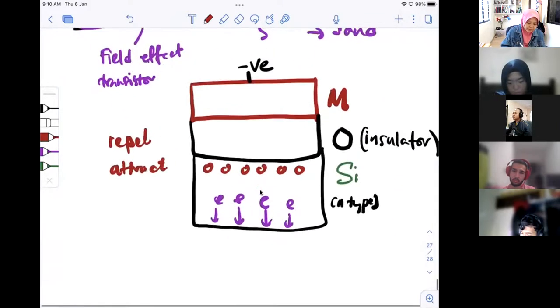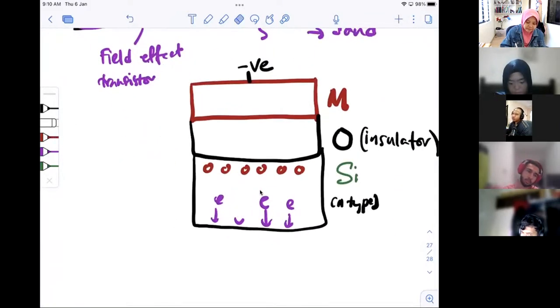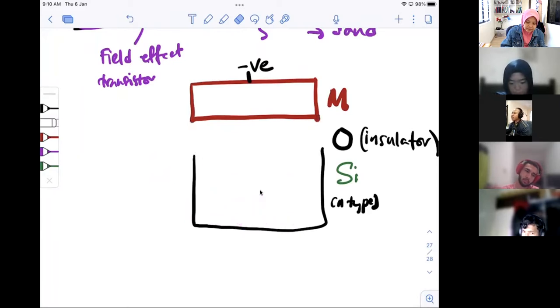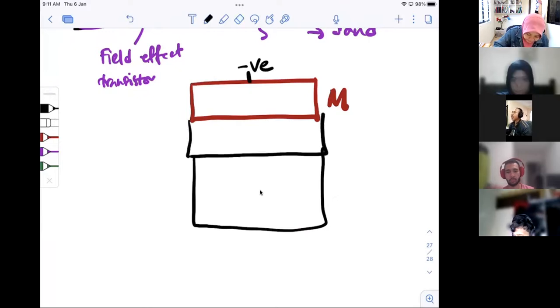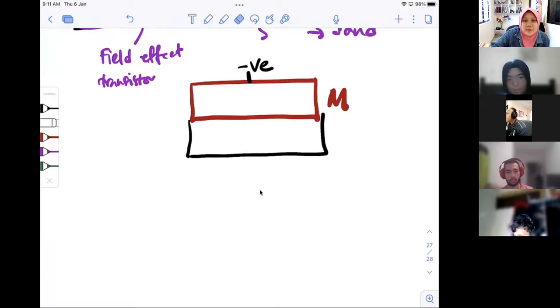Okay, so now it's the same thing except I'm drawing the semiconductor bigger.